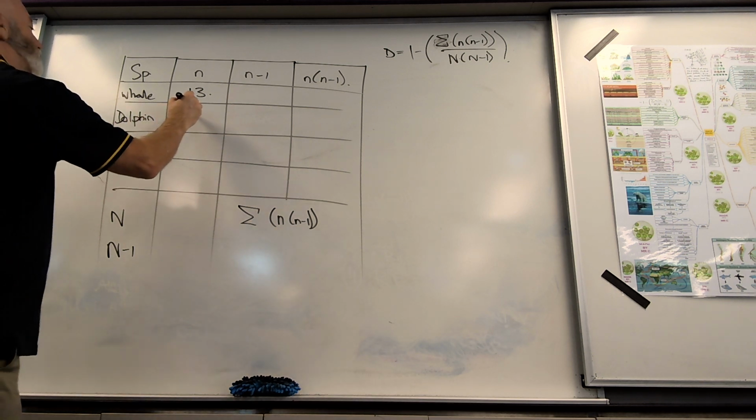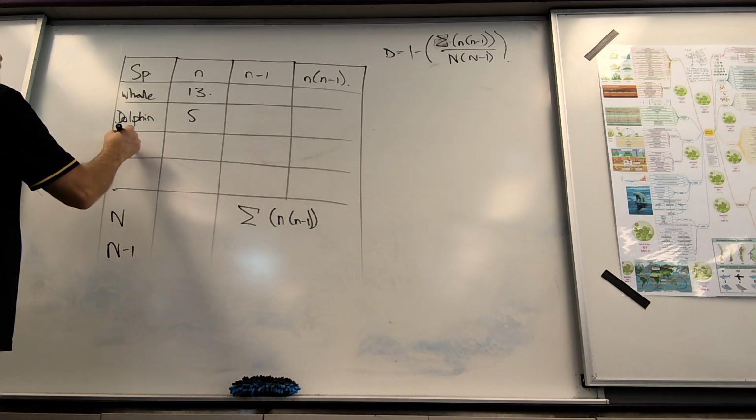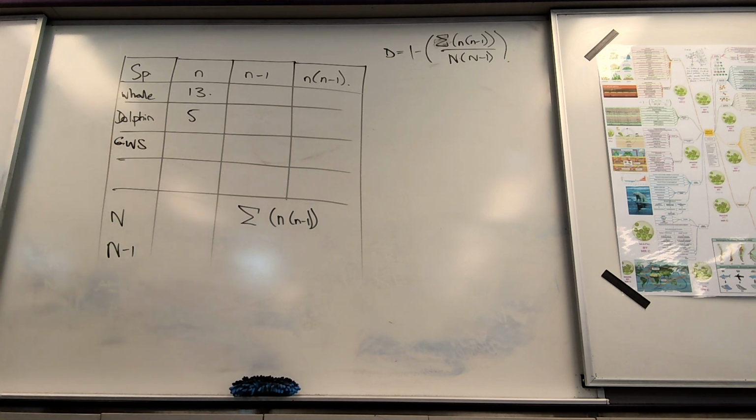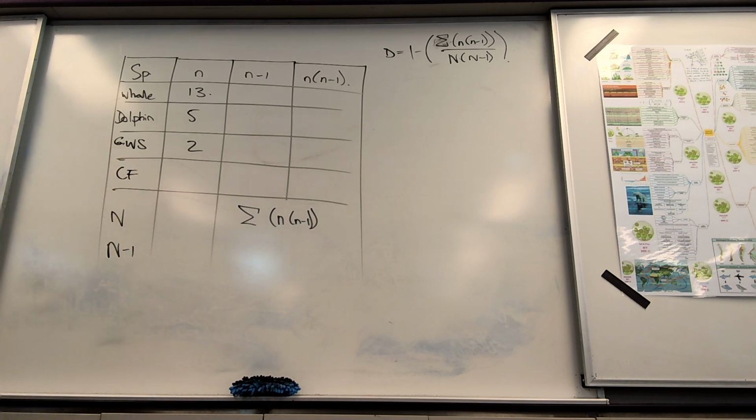More whales than dolphins. Give me another species, Pete. Fish. Is that a species? Shark, or great white shark. Great white shark. And how many great white sharks are there? 2. And the last species, Alexis? A clownfish. And how many clownfish are there?